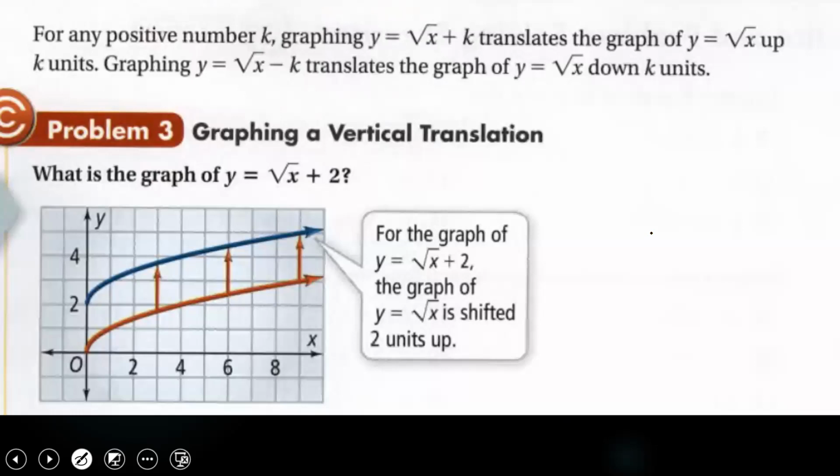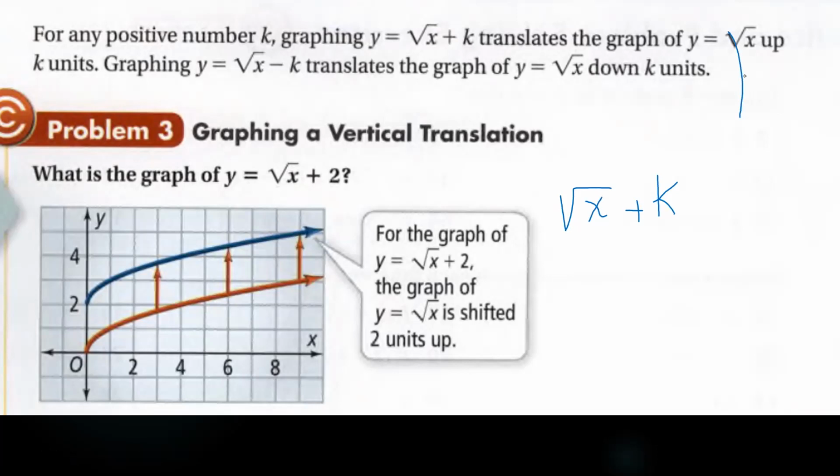Today now we will learn how we can graph a vertical and a horizontal translation. Now, for any positive number k, if we want to graph square root of x plus k, look at k here, it is outside the radical. This k means you have to translate it up k units.